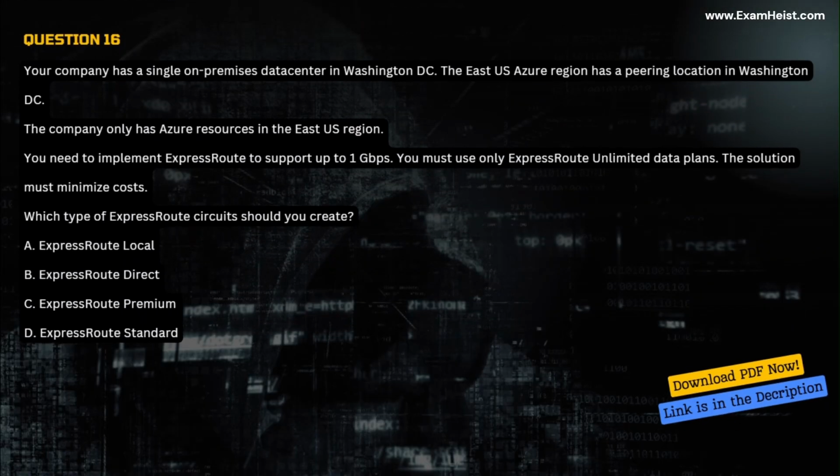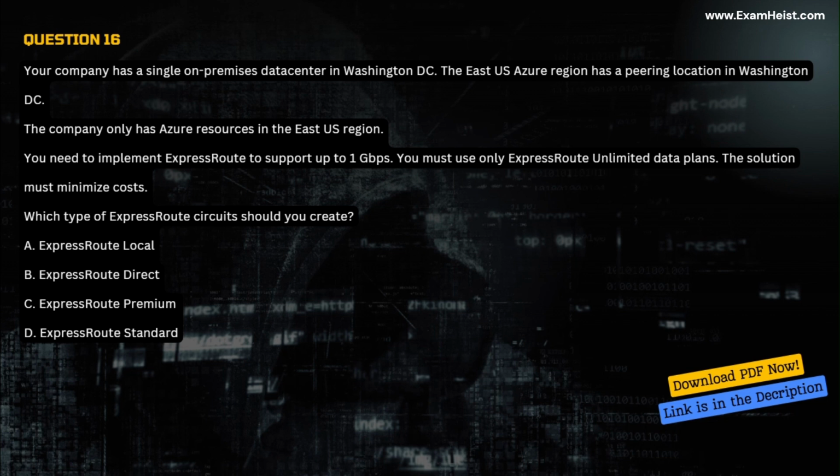Question 16. Your company has a single on-premises data center in Washington, D.C. The East U.S. Azure region has a peering location in Washington, D.C. The company only has Azure resources in the East U.S. region. You need to implement ExpressRoute to support up to 1 gigabit per second. You must use only ExpressRoute unlimited data plans. The solution must minimize costs.